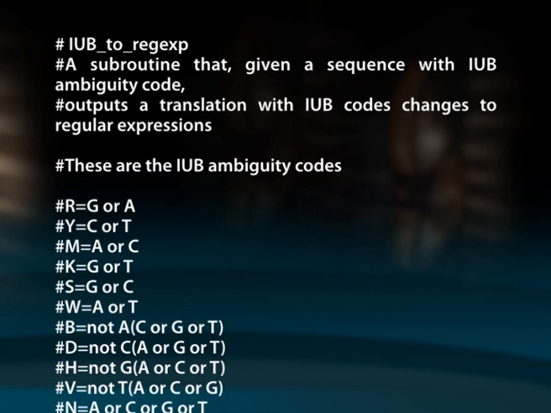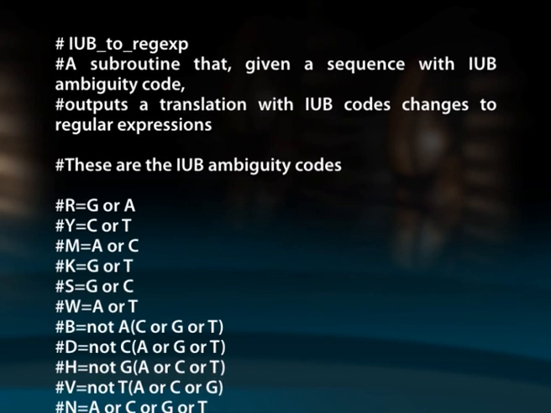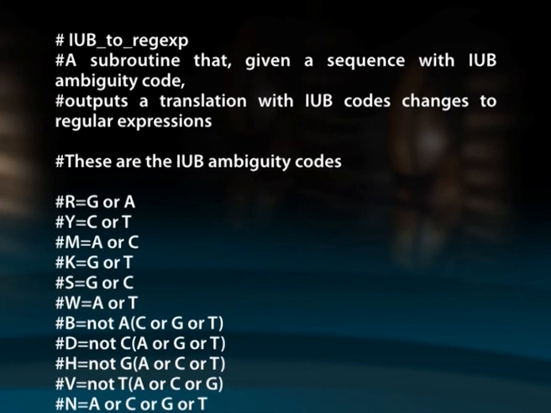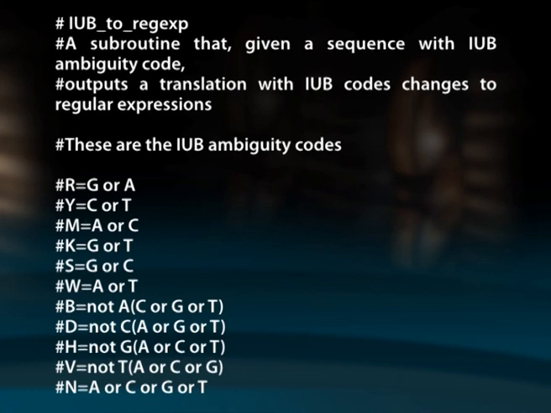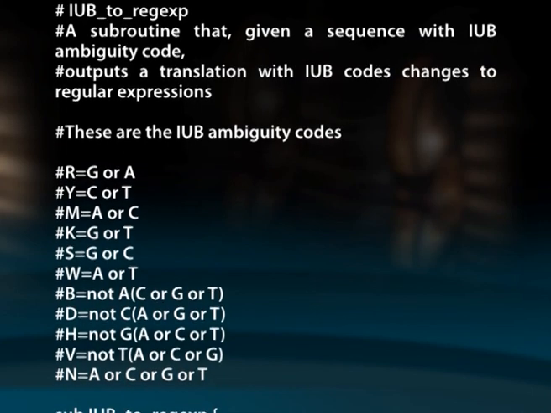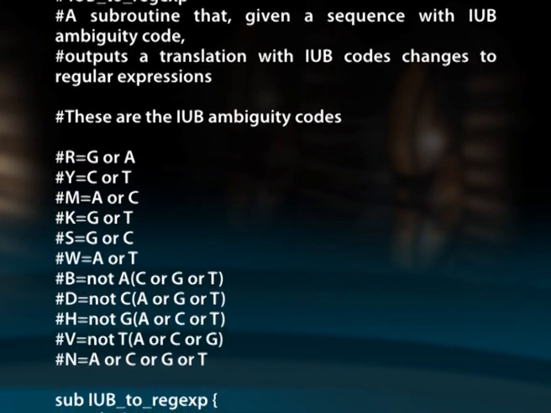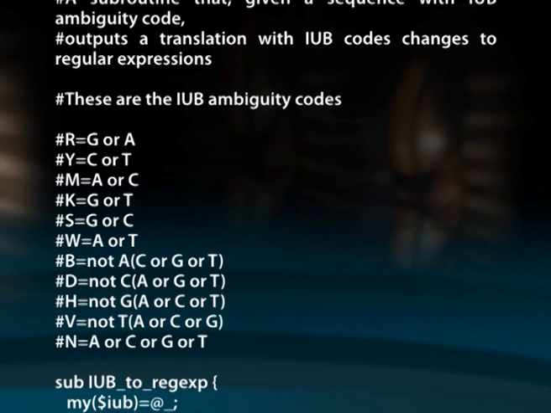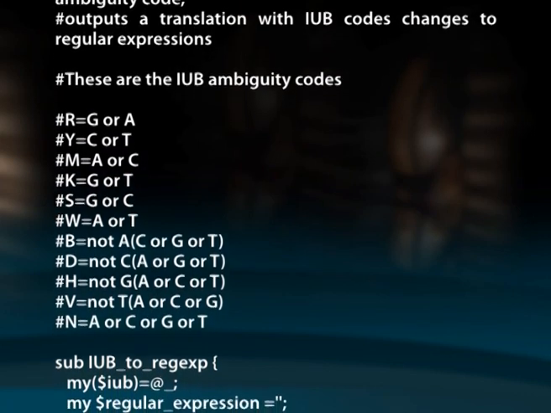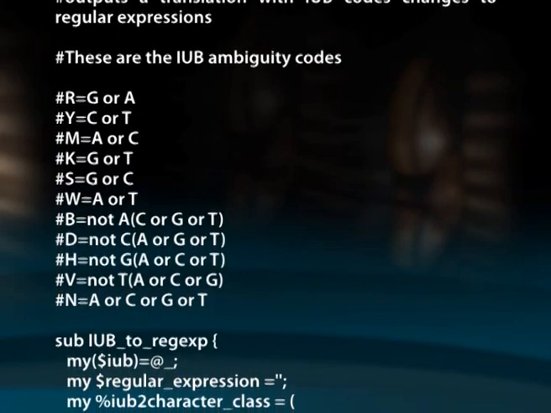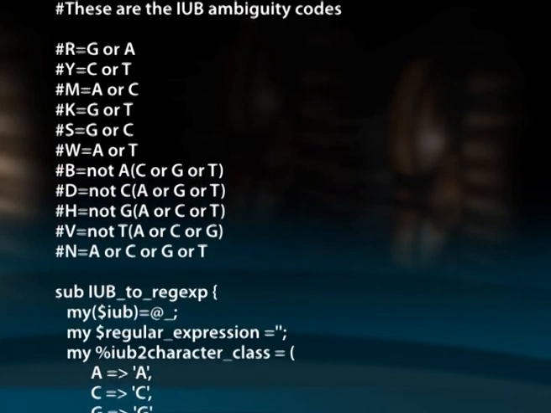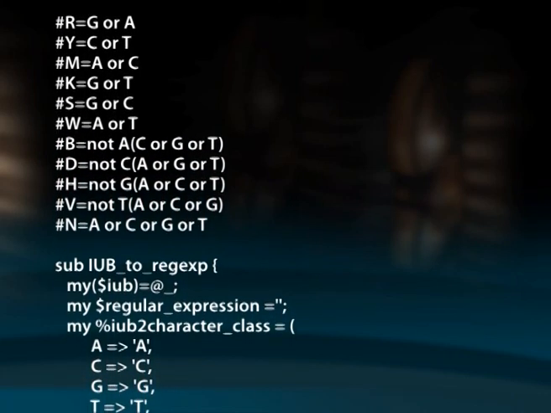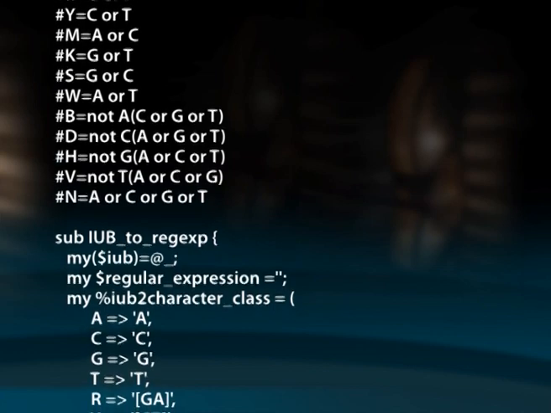R equals G or A, Y equals C or T, M equals A or C, K equals G or T, S equals G or C, W equals A or T, B equals not A, C or G or T, D equals not C, A or G or T, H equals not G, A or C or T, V equals not T, A or C or G, and N equals A or C or G or T.